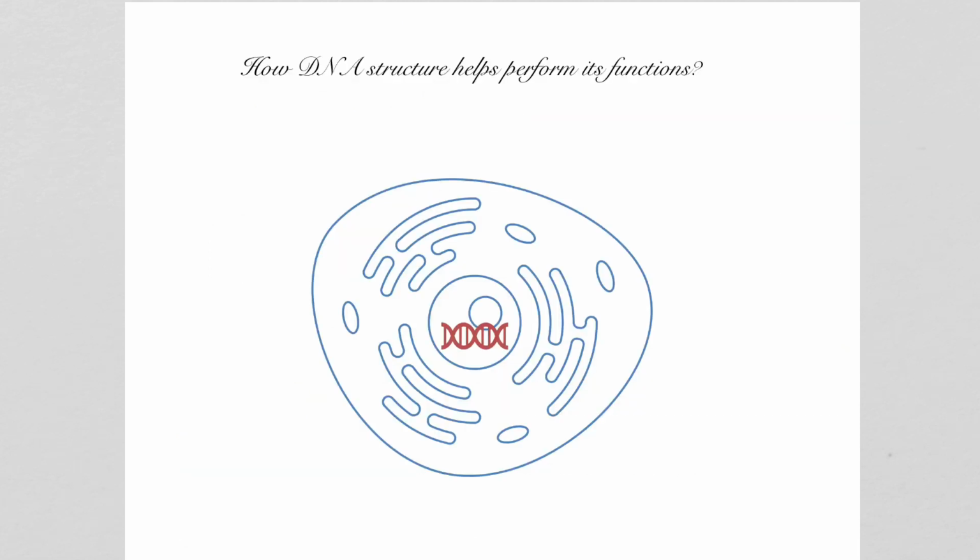So, one very important question: how does DNA structure help perform its functions? In the previous videos on lipids and carbohydrates, we talked about how the chemistry of that biomolecule is related to its biology, which means its function, what it does in the cell.